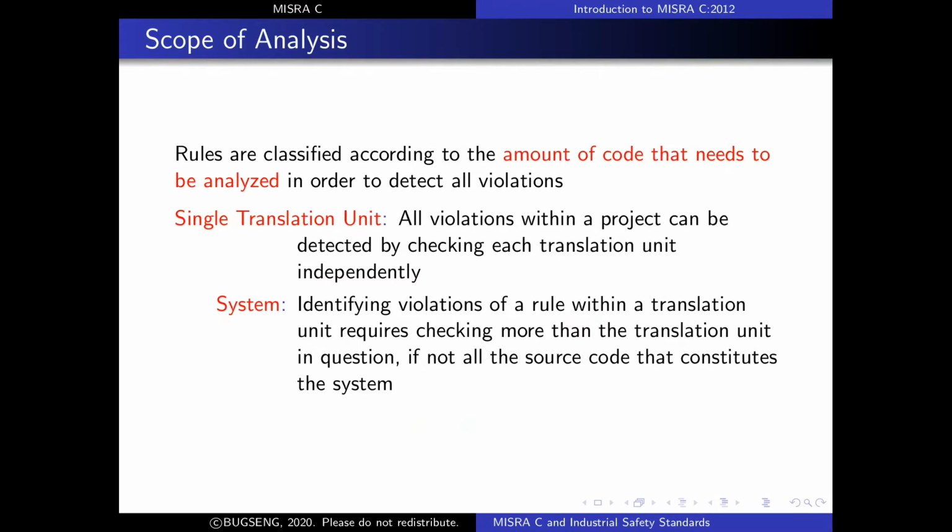This means that it's not sufficient to consider one translation unit at a time. You have to consider more than one translation unit at a time, and most frequently you have to consider the entire system. You can see that all the undecidable rules are also marked as system for this reason.